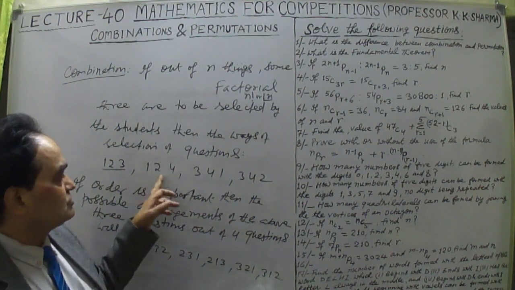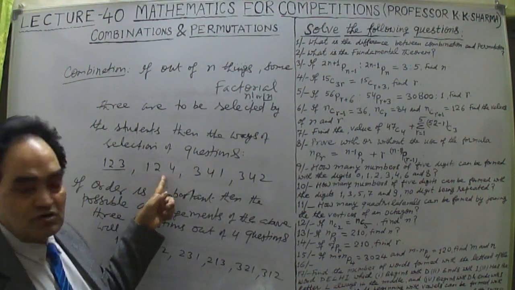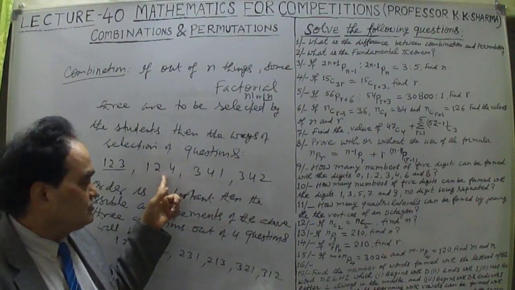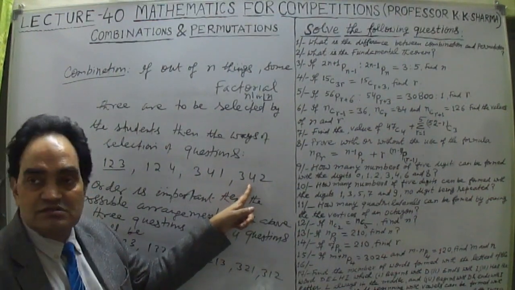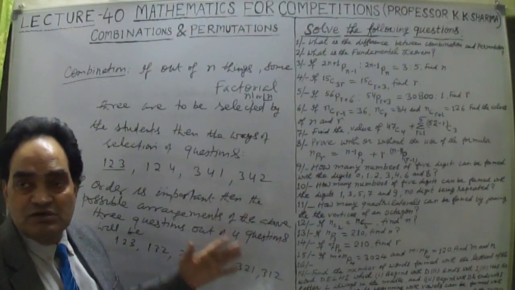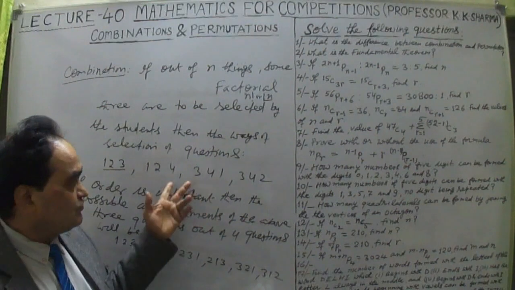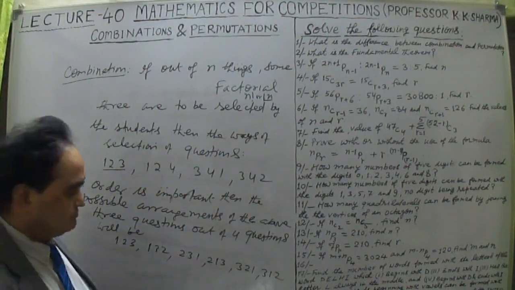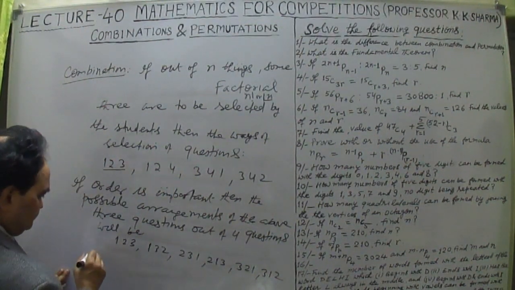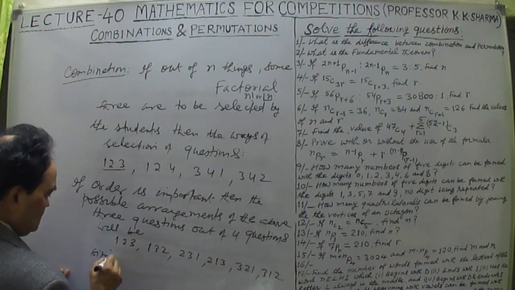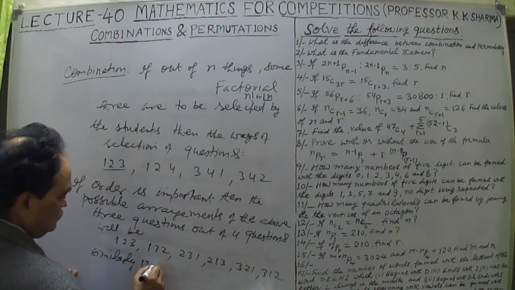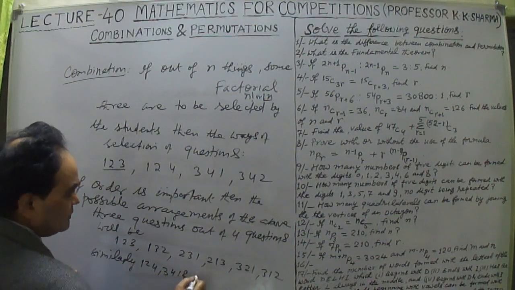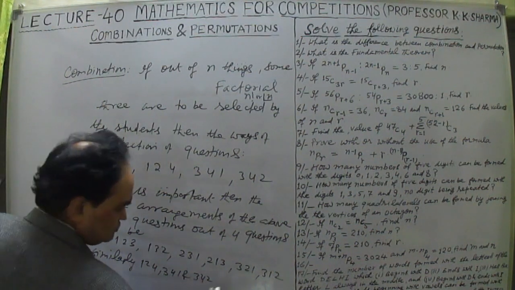Similarly, these 3 others can also be arranged in 6 ways each. This can also be arranged in 6 ways. This can also be arranged in 6 ways. So the total arrangements can be done in how many ways? 4 into 6, 24 ways. Right? Similarly, 1, 2, 4, 3, 4, 1 and 3, 4, 2.